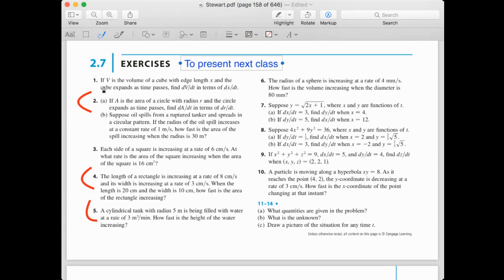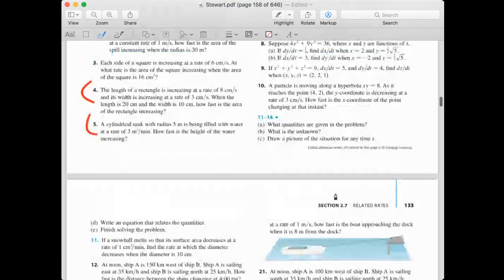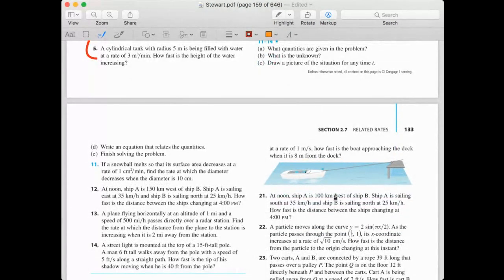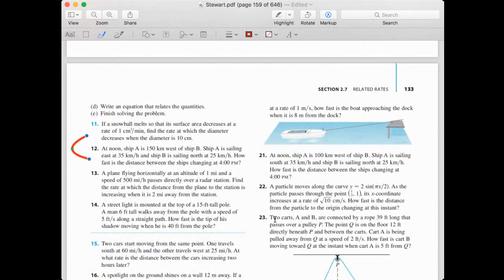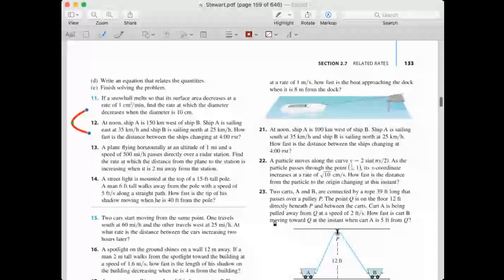So 2 will mean 2 people, okay, A and B, 2A, 2B, 4, 5, 12, 14.